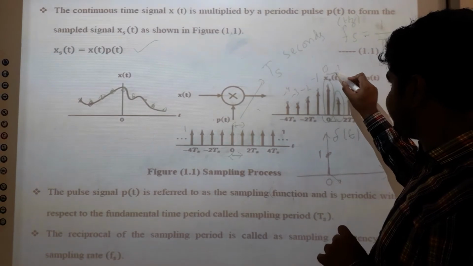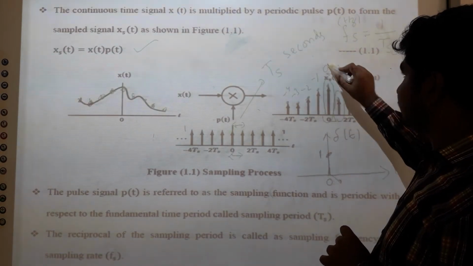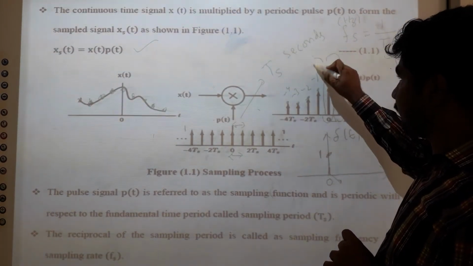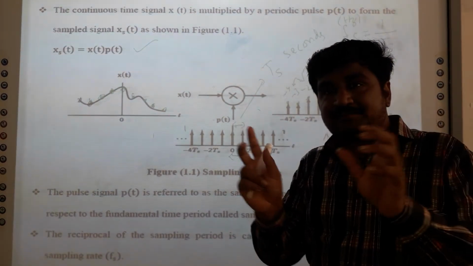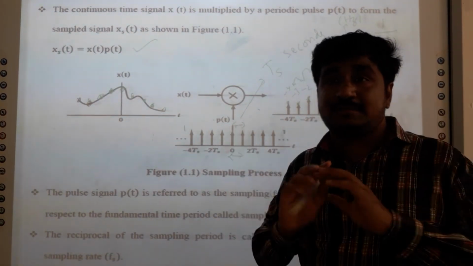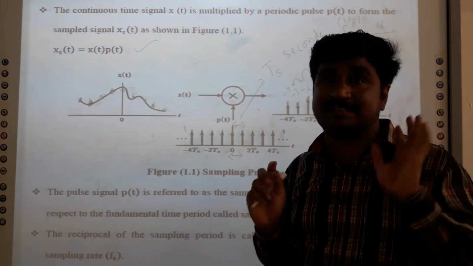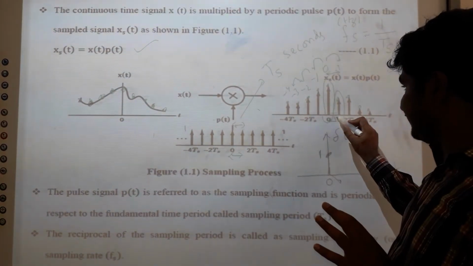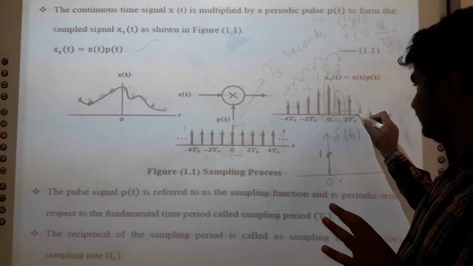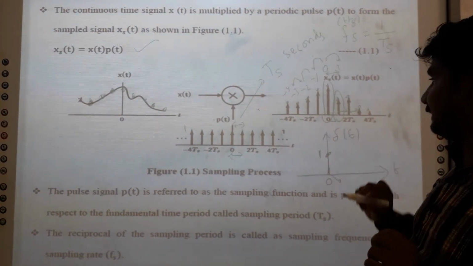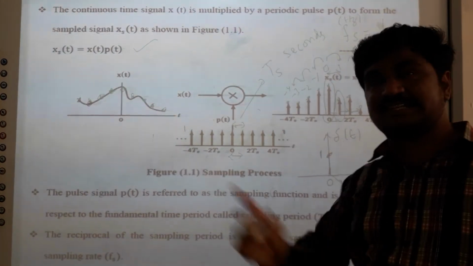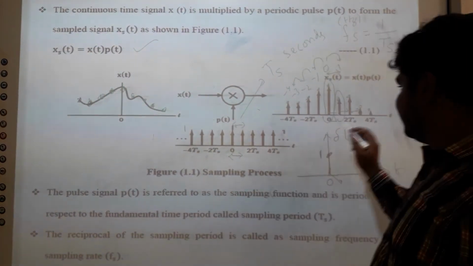The gap between the 0th instant and the first instant should be equal to this interval. Likewise, all the time gaps between all the samples should be equally distributed. This is very important. So if this is Ts, this should also be Ts, and this should also be Ts. So the first instant will be present at Ts, the second instant at 2Ts, the third instant at 3Ts, and it will go on.